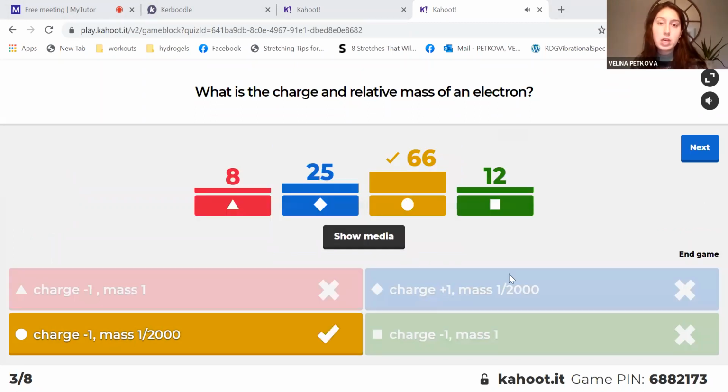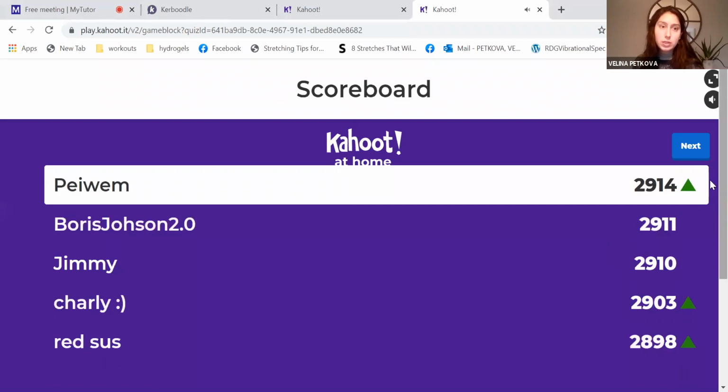Okay, brilliant. So the charge of an electron is always negative. The charge of a proton is positive. Well done to Puem.